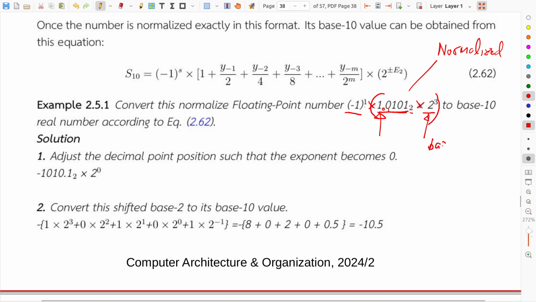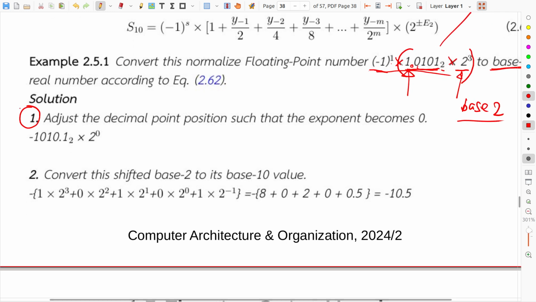Now we change the base to base 2. Now we would like to change it to base 10. So what should this number be in base 10?